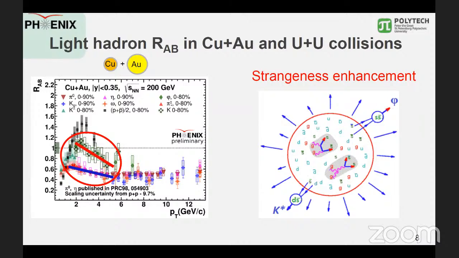An enhancement of strange particle production in heavy ion collision systems compared to proton-proton collisions, normalized on the number of nucleon-nucleon collisions, means that QGP was produced.